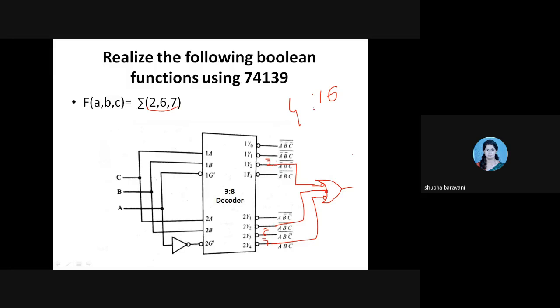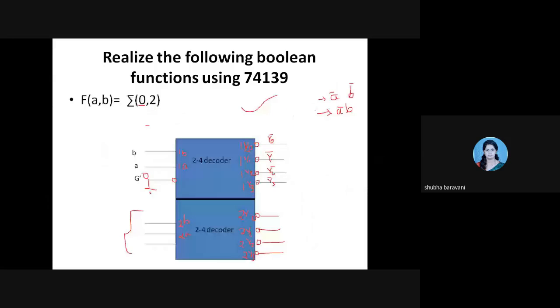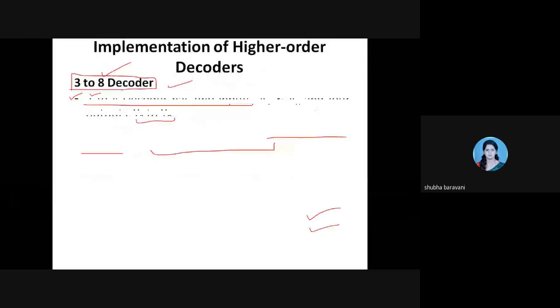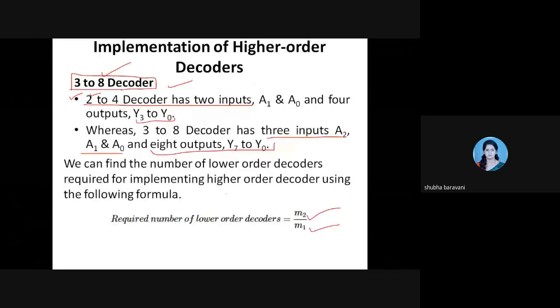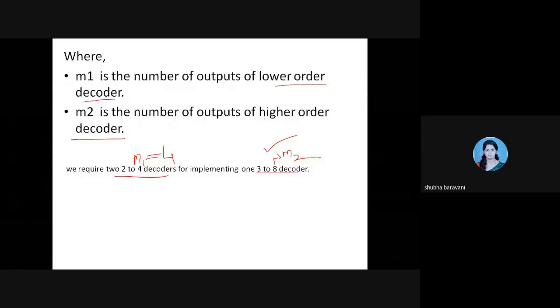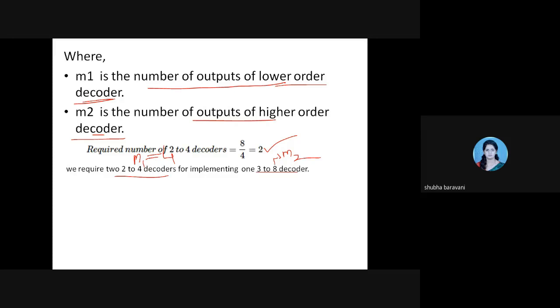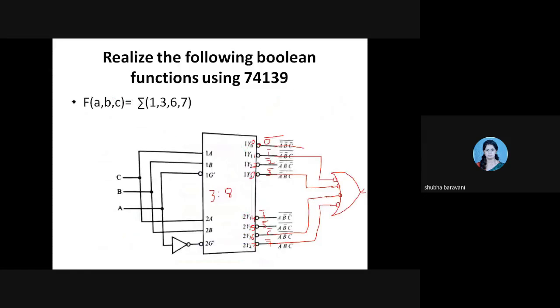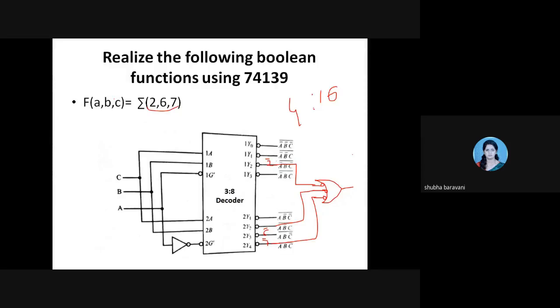I have given you the formula for how to design higher order decoders: M2 by M1, where M2 is the number of outputs of the higher order decoder and M1 is the number of outputs of the lower order decoder. Using this, try to design a 4:16 decoder. We'll elaborate on this in the next class. You all can quit.